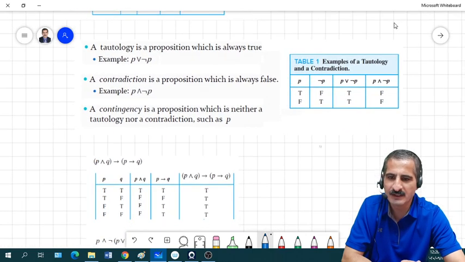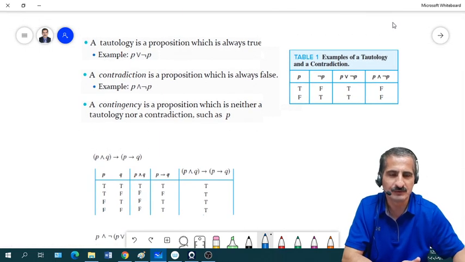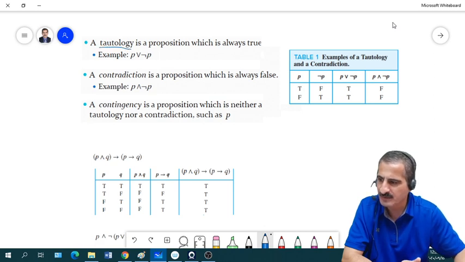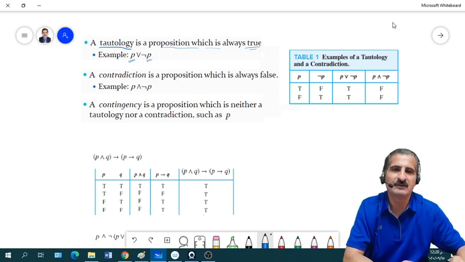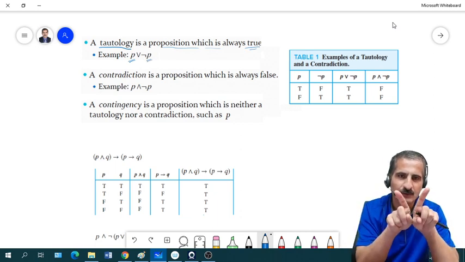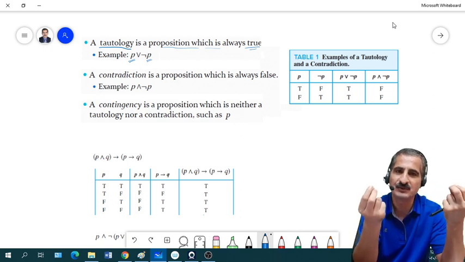In fact, a tautology is a proposition which is always true. Here we go. A tautology is a proposition which is always true. For instance, P or not P. The logical operator or will give you true if one of the propositions at the side is true.